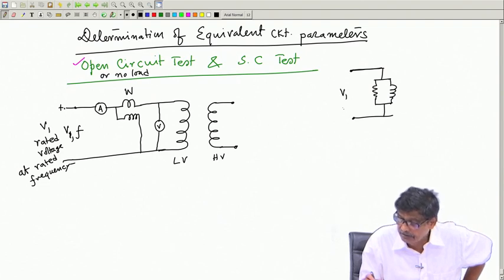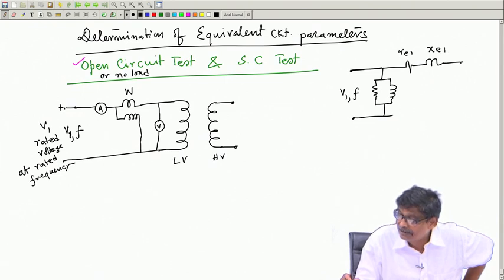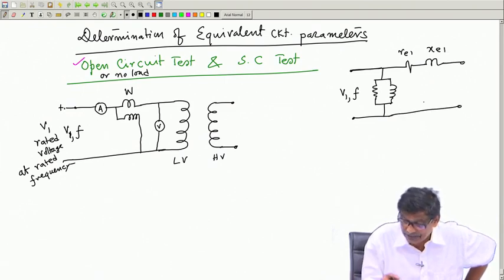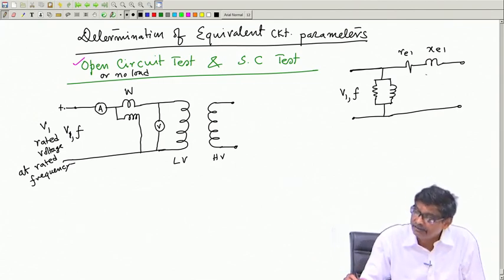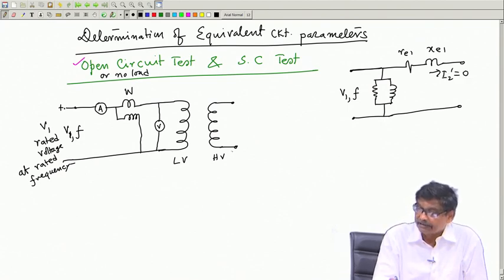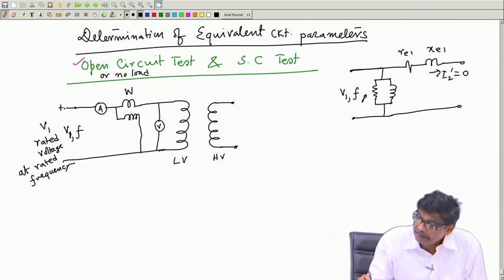Here V1 at frequency F is given, RE1 and XE1 are there, but these are open circuited because nothing is connected to the secondary. That open circuit is reflected in the equivalent circuit also. So I2 dash is 0, because no impedance is connected, and what remains is RCL1 and XM1.